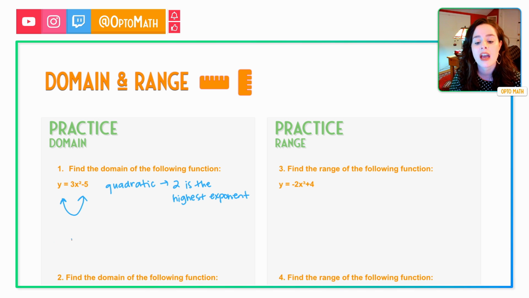So let's write that 3 different ways. We can just write the words all real numbers. We can write our special symbol, which means the same thing, so an R with 2 sticks. And we can write it in interval notation. So negative infinity, this negative infinity is referring to this arrow because it's on the left.